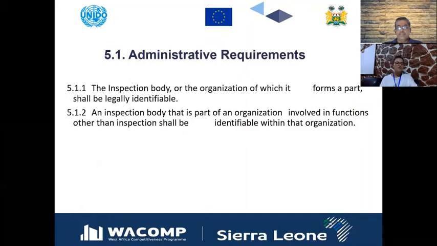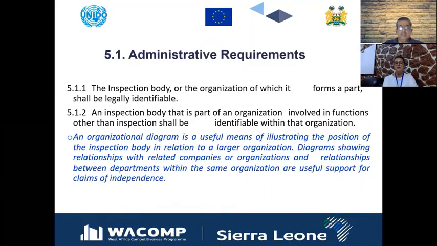So the first clause is that the inspection body, or the organisation of which it forms part, shall be legally identifiable. As PMB is a government inspection body, you will be covered under the legal entity basis of government status. An inspection body that is part of an organisation involved in functions other than inspection shall be identifiable within that organisation.